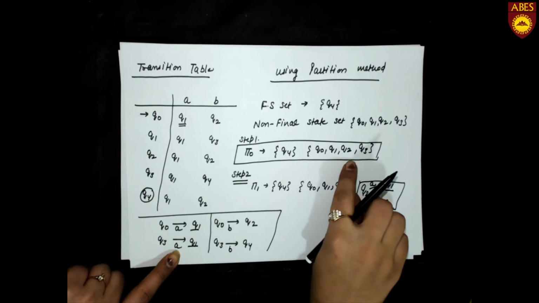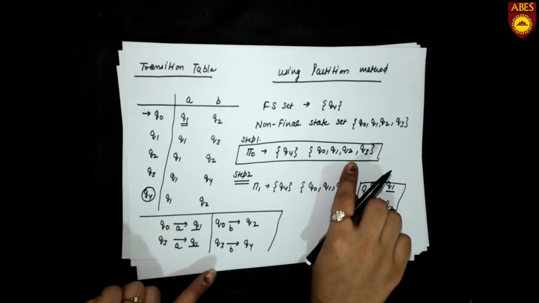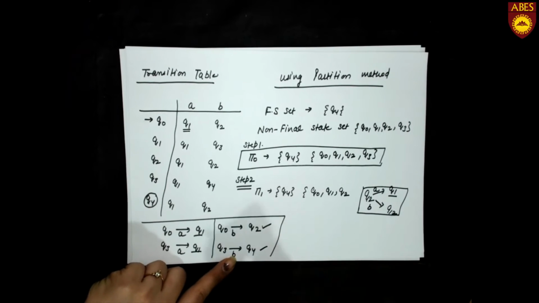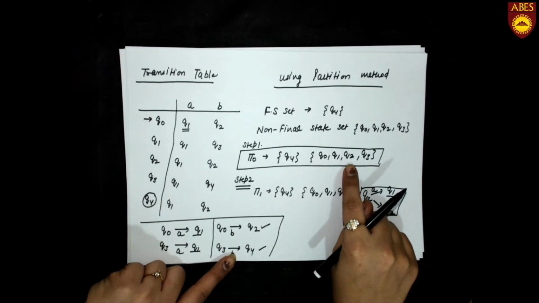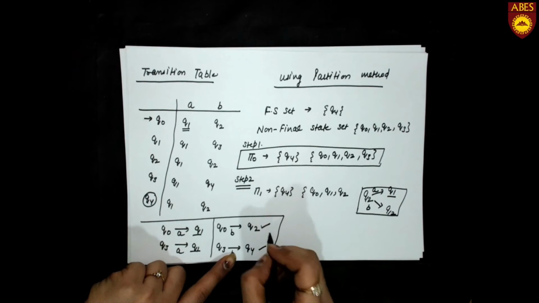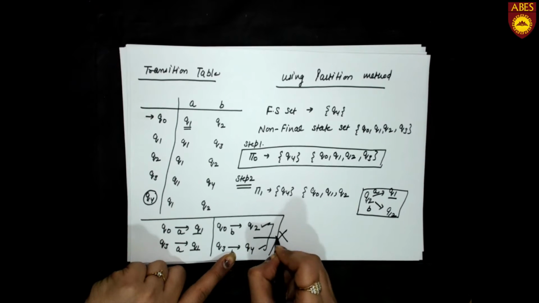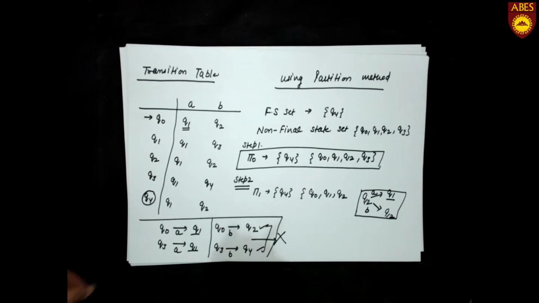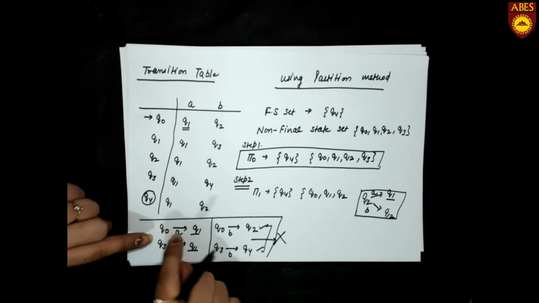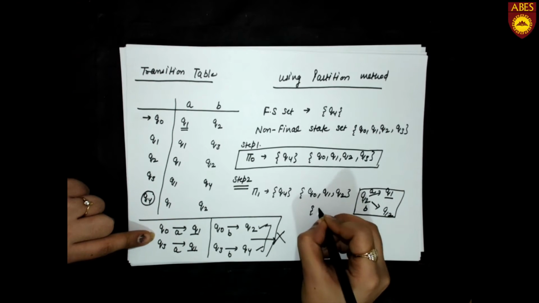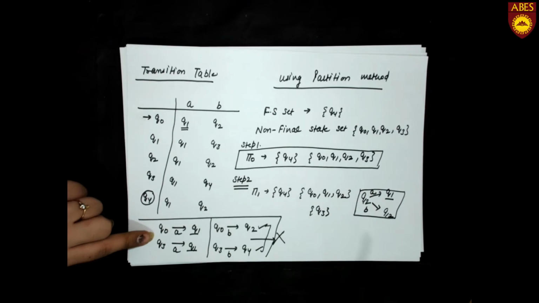Q1 and Q1 both lie in this set, but Q2 and Q4 do not lie in the same set. Q2 is in the set of non-final states and Q4 is in the set of final states. So we cannot merge them. It means Q0 and Q3 cannot be combined, because after the input their outputs lie in different sets. So we separate Q3 from there.